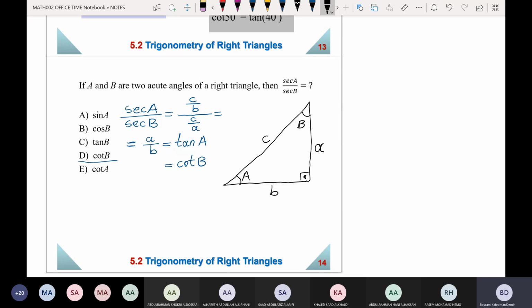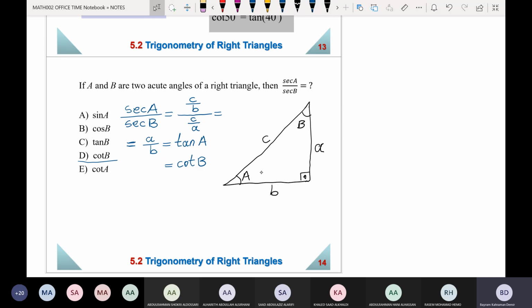Now let's see what is secant of A. Secant of A is hypotenuse C divided by B. We have to remember the rule: secant is hypotenuse divided by adjacent, which is 1 over cosine.